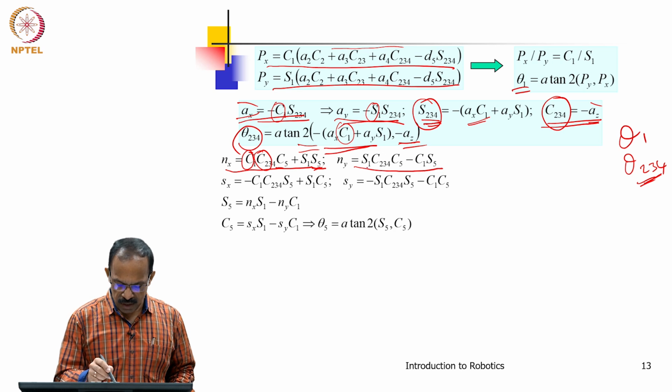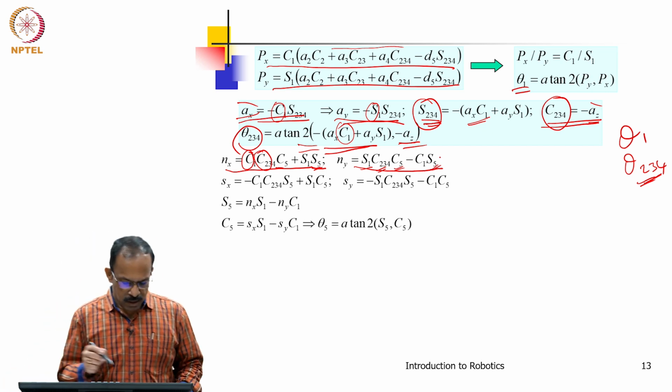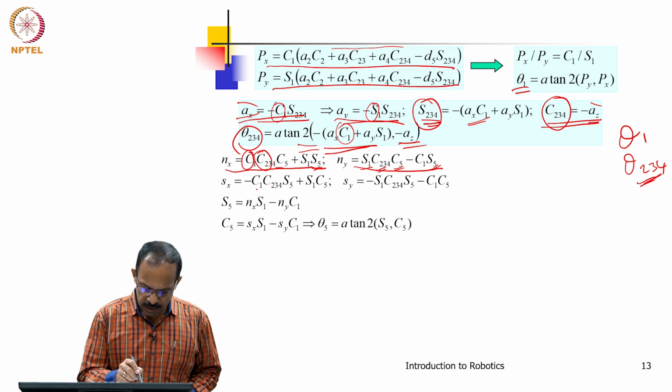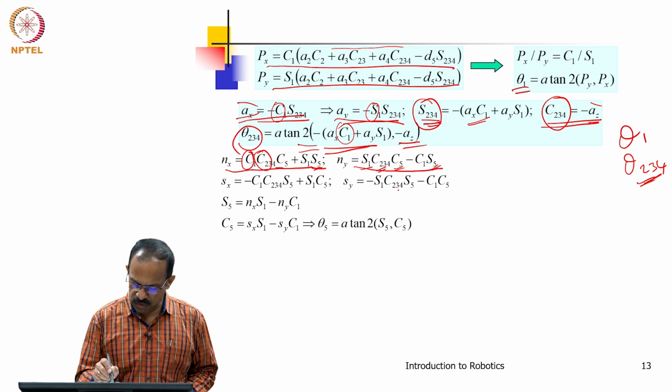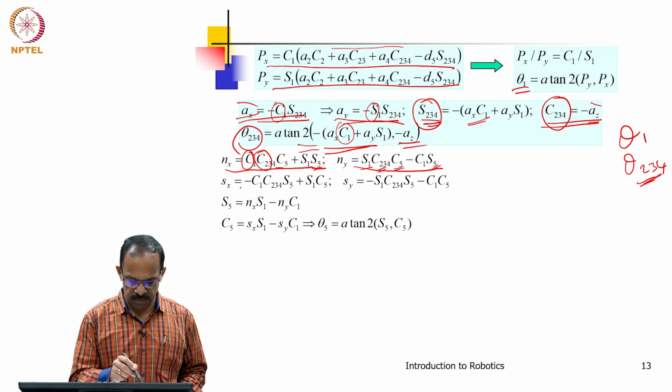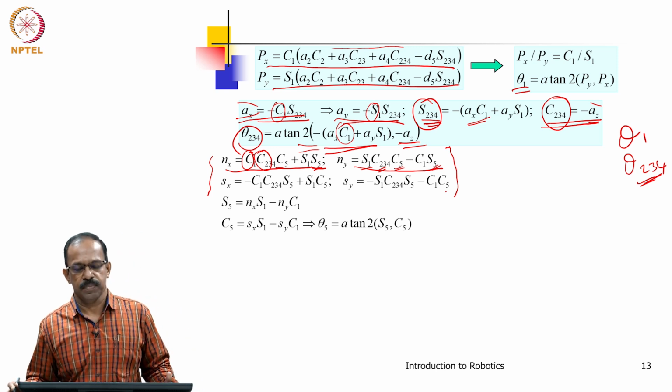Similarly, Sx is minus C1 C234 S5 minus S1 C5, and Sy is minus S1 C234 S5 plus C1 C5. So, these are the equations Nx, Ny, Sx, Sy.